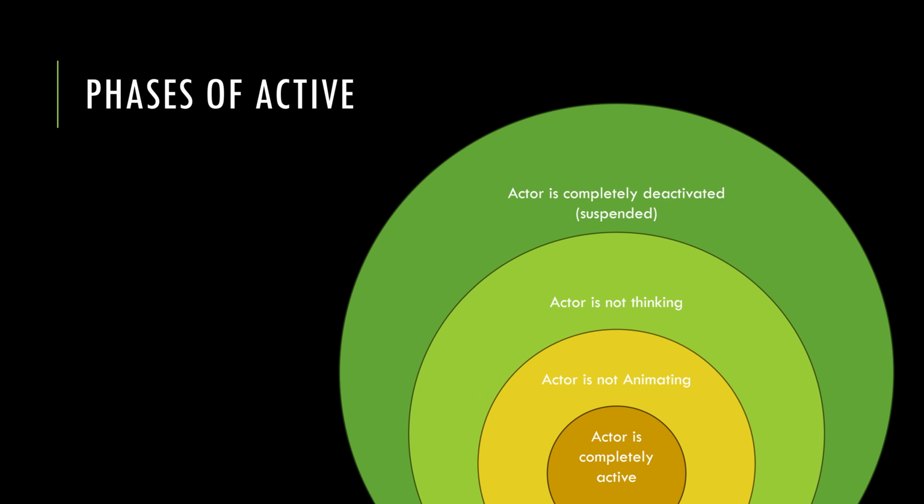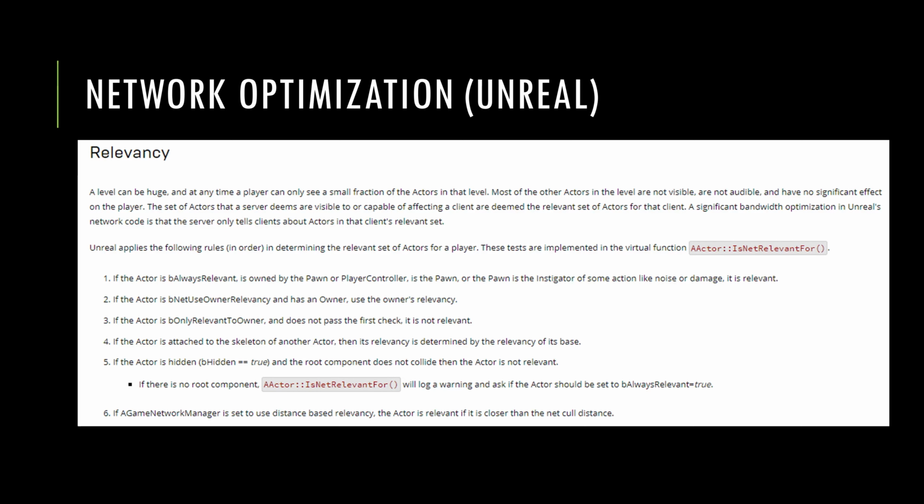One of the beauties of Unreal is that you don't need to do anything in order for the engine to optimize the overall network bandwidth. Constantly under the covers, Unreal is determining which actors are relevant for which players, and it only replicates data to those actors that are relevant to each other.